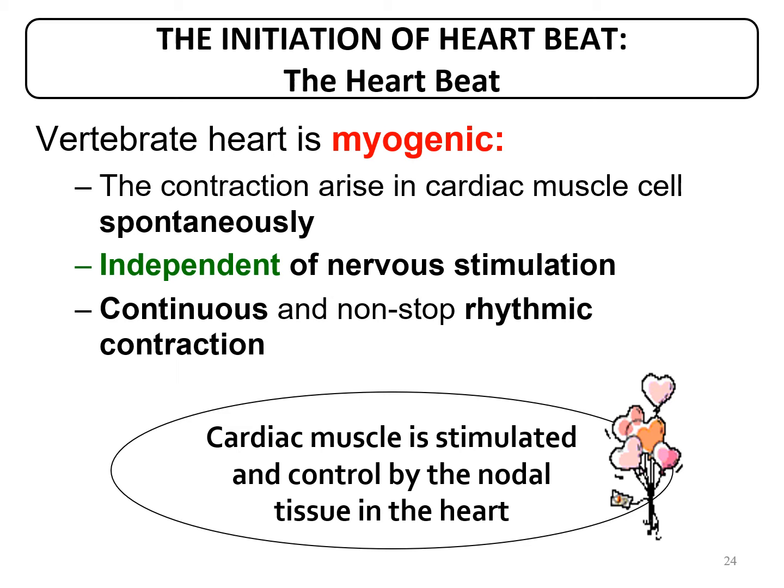The rhythm of contraction and relaxation is continuous. So cardiac muscle does not depend on nervous stimulation to start beating, because cardiac muscle itself has its own nodal tissue, called a node, to produce its own impulse.